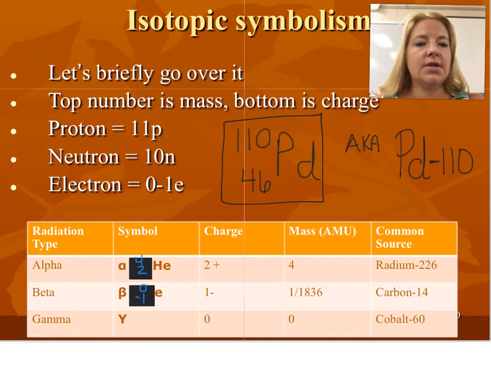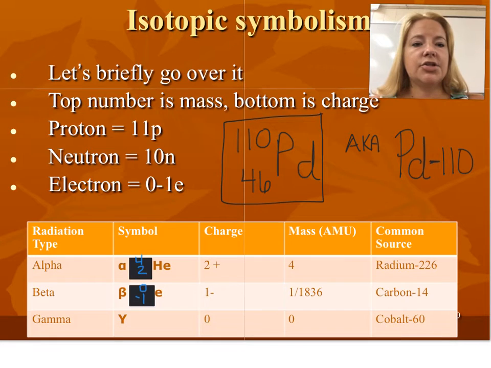Remember, electrons have very little mass, so they don't contribute to the mass of the atom. So if an electron's being released with beta decay, then there is no change in the mass that's going to occur.